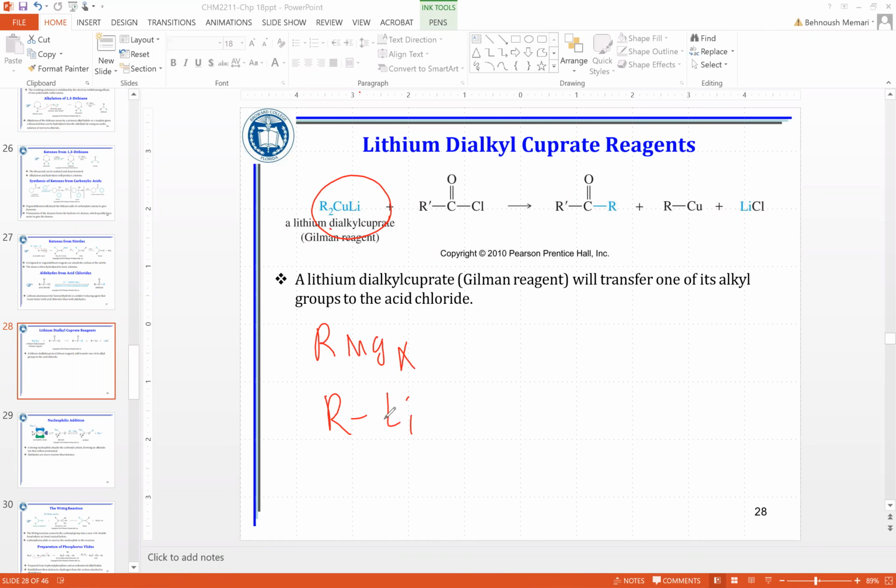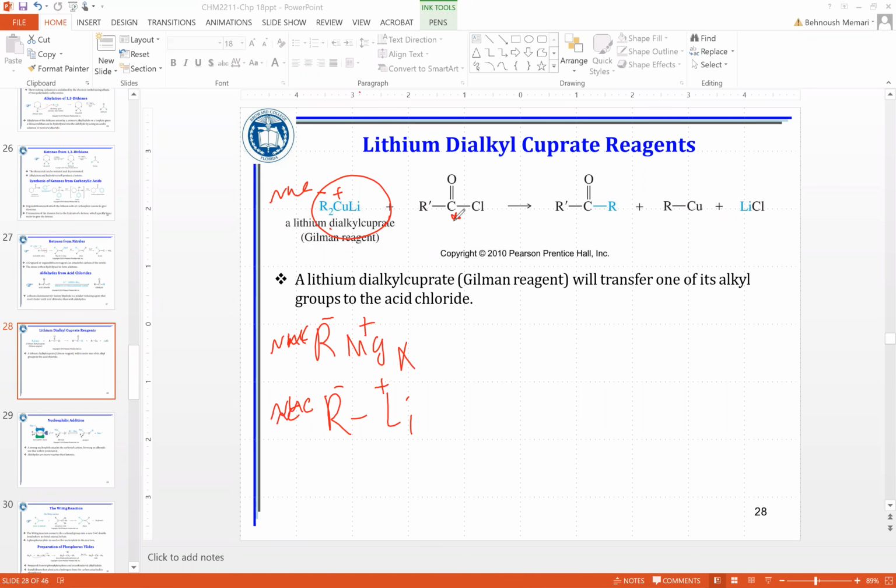In either one of them, the metal is positive and the carbon attached to it is negative. So all of these can act as a very good nucleophile that has carbon, a carbon chain acting as a nucleophile.